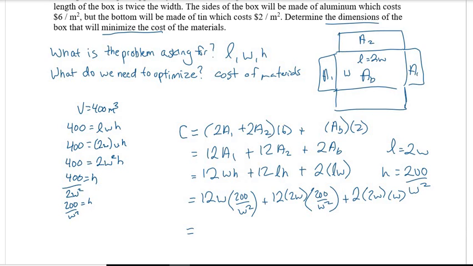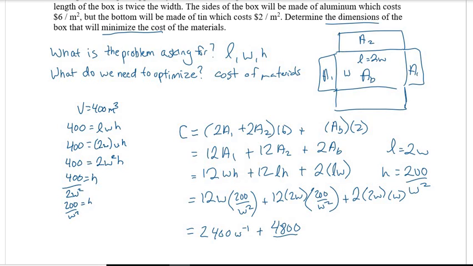Now that we have that, let's simplify a bit. The first one is going to be 12 times 200 is 2400, I believe. Yep, 2400. And w over w squared is going to be over w, which we can also write as w to the negative 1. And then we have 12 times 2 is 24 times 200 is 4800.